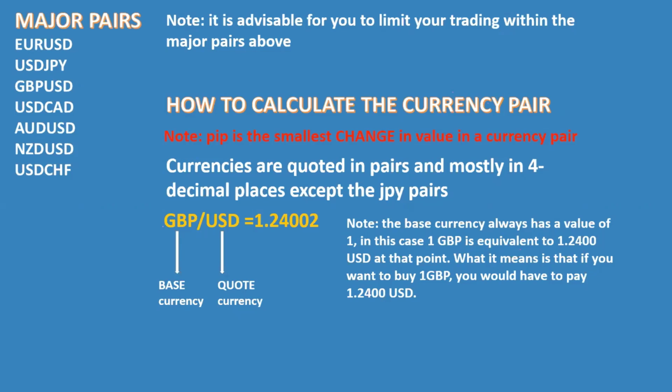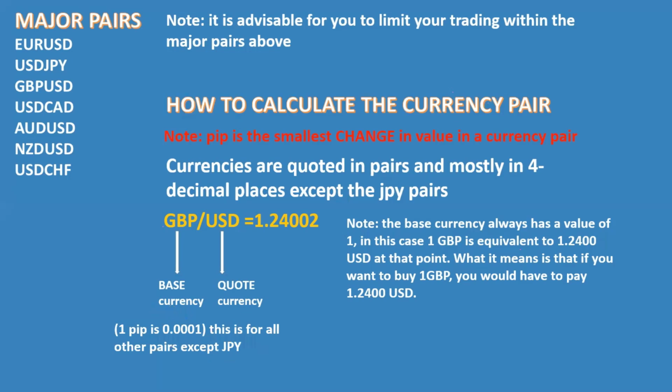For you to get 1 Great Britain pound, you need to bring 1.2400 USD, and they will give you 1 Great Britain pound. That's what they are saying in essence.